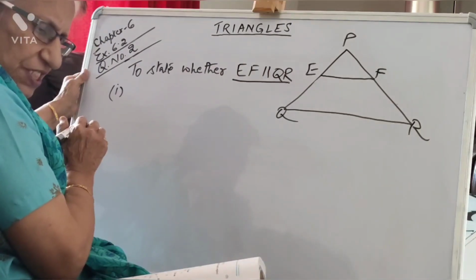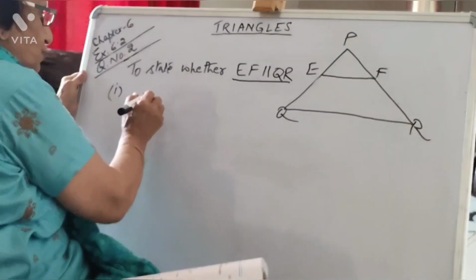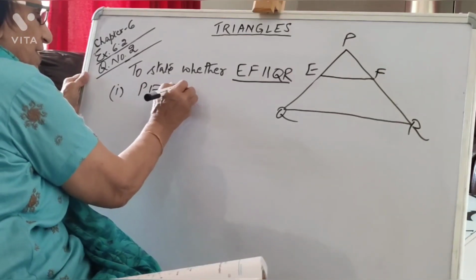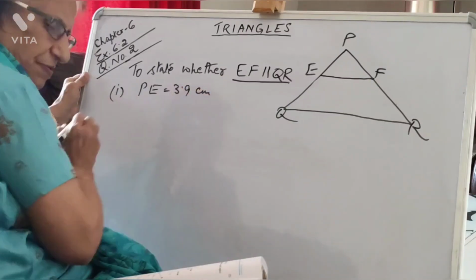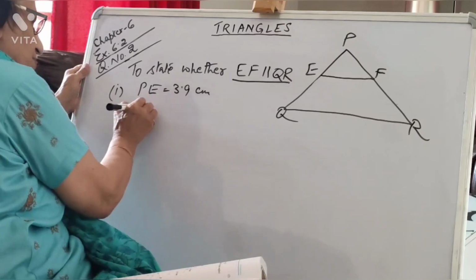Now, in the first part, the given data is PE is equal to 3.9 centimeter. EQ is equal to 3 centimeter.